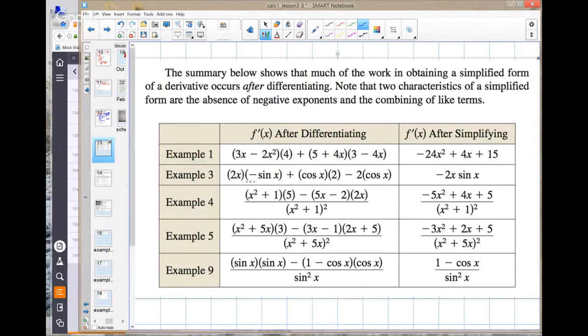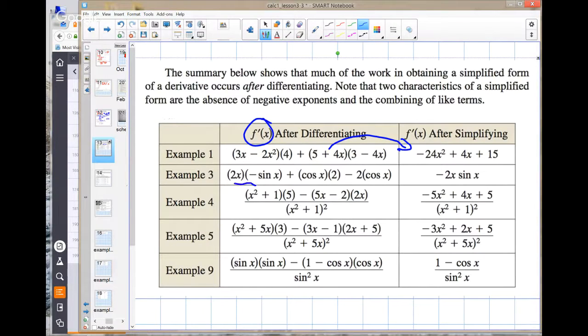So this first column is, they're saying, here are some derivatives you've got. Well, how do I simplify it to put it in simpler form, which is what the second column is, the derivative after simplifying? Well, the first one is easy. That's just called multiply add.